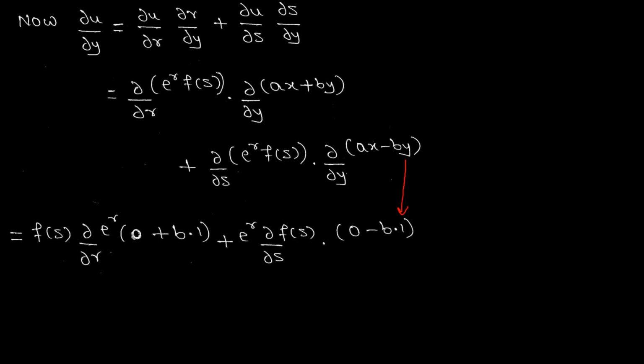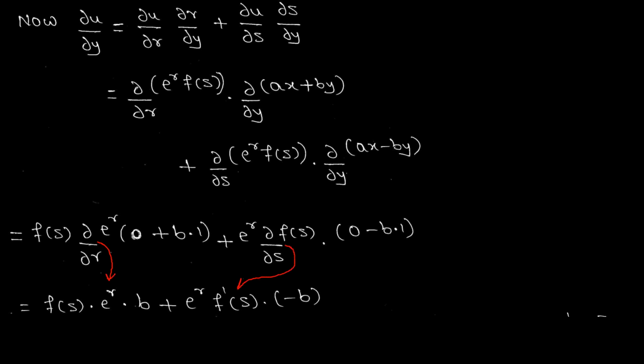Let us further simplify by differentiating this quantity and this quantity. Differentiation of e to the power r is e to the power r and differentiation of f of s is f dash of s. Multiply this minus with this plus, then observe b into e to the power r is common in both the terms.